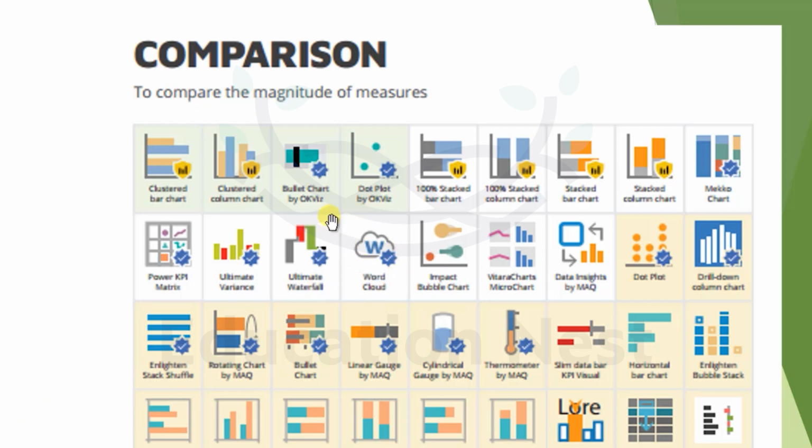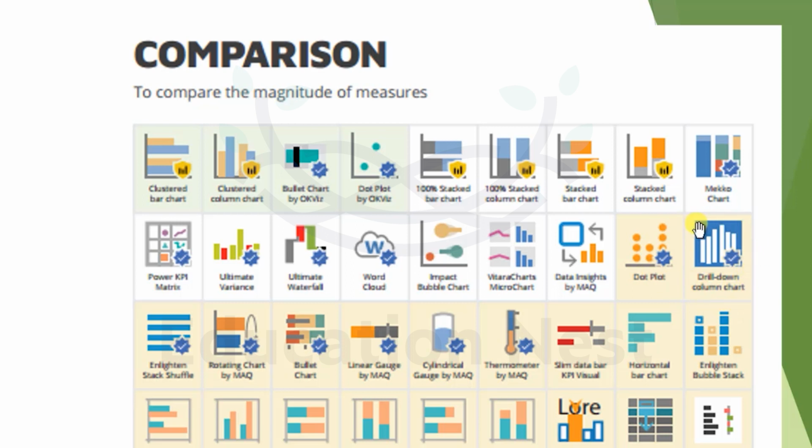It is a very good way of representing the word usage and sentiment of different feedbacks, and usually this is used in analyzing feedbacks. Then there are impact bubble, Vitara charts, data insights by MAQ, and dot plot. If this is one kind of formation, the dot plot can be another kind of formation.